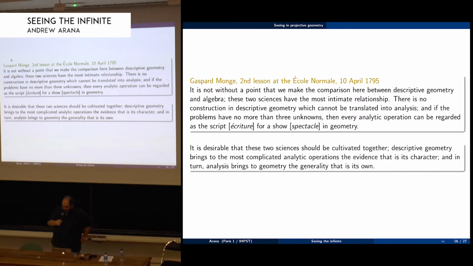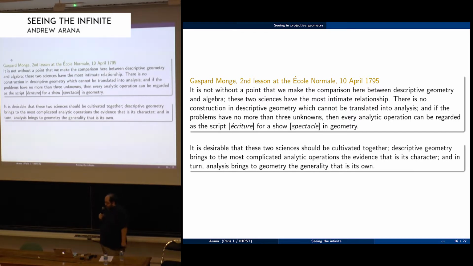There is no construction in descriptive geometry which cannot be translated into algebra, into analysis. That's the familiar kind of translation that we know from analytic geometry these days. But he also adds, if the problems have no more than 3 unknowns, then every analytic operation can be regarded as the script, the écriture, for a show, a spectacle, in geometry.